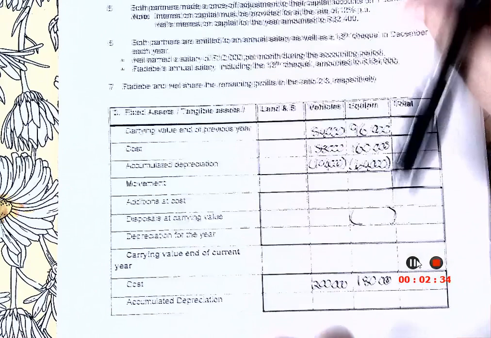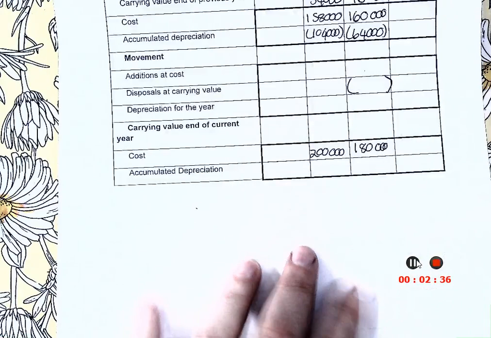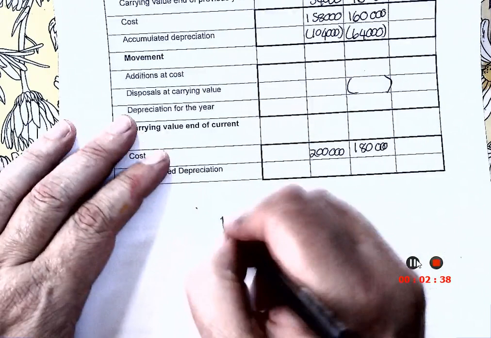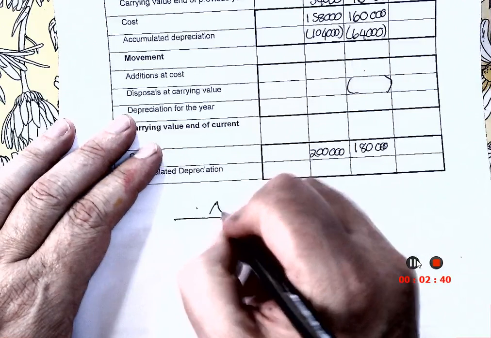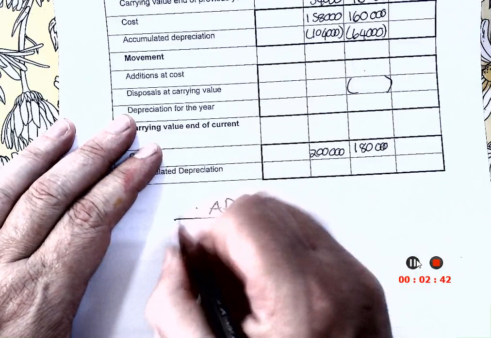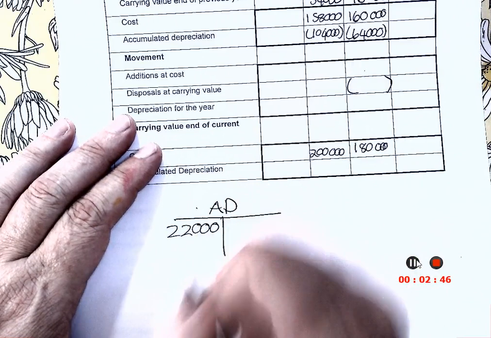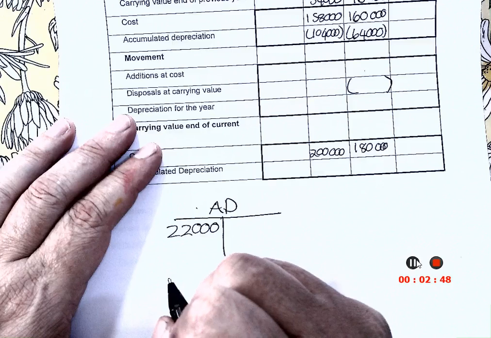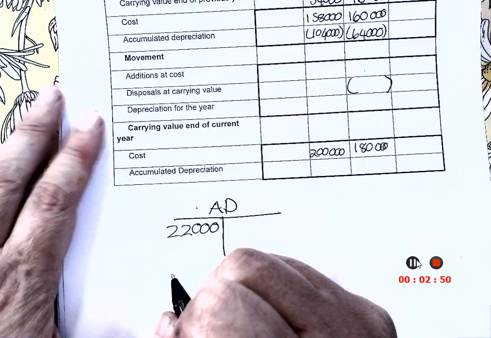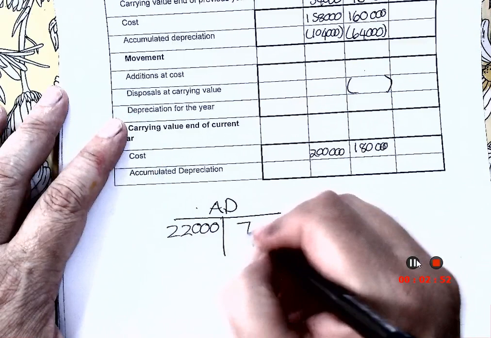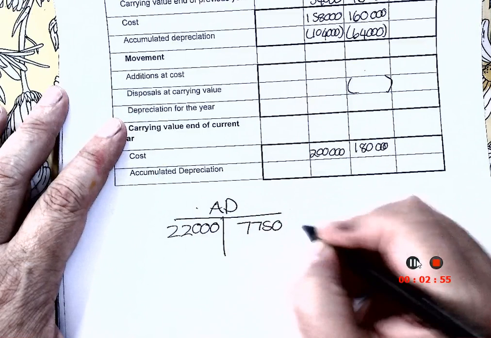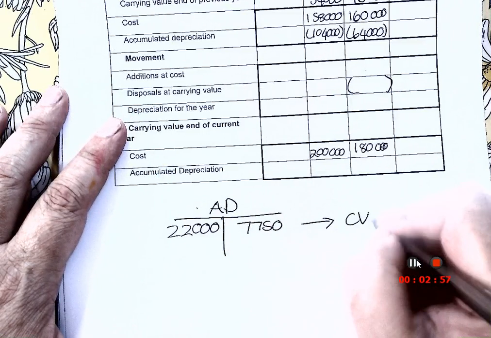So, can you see that they do not give me the carry value? What do they give me? If I look at the asset disposal, I see the cost was 22. They tell me the accumulated was 7,750. So what's the carry value?